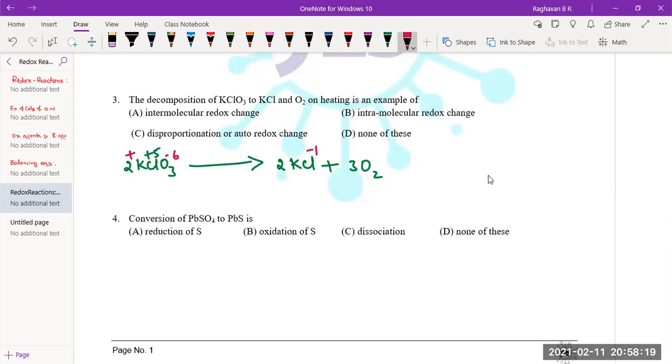It's not disproportionation, so it's option B, intramolecular redox change. Between the similar molecules of KClO3, oxidation and reduction is happening, so it is intra. Between one and another different molecule, if a redox reaction takes place, it is intermolecular redox.